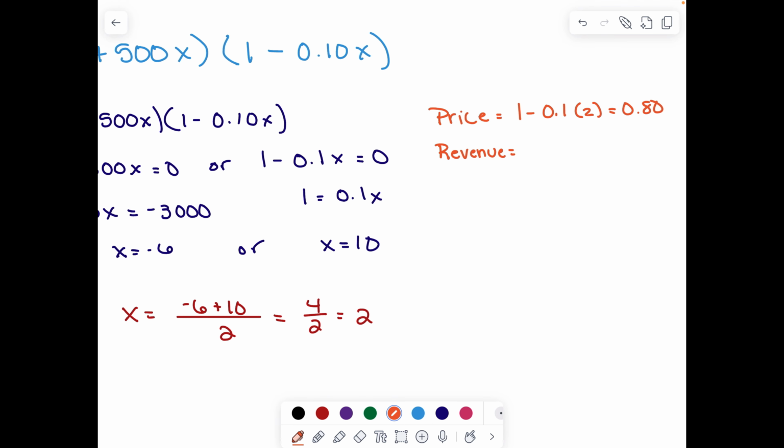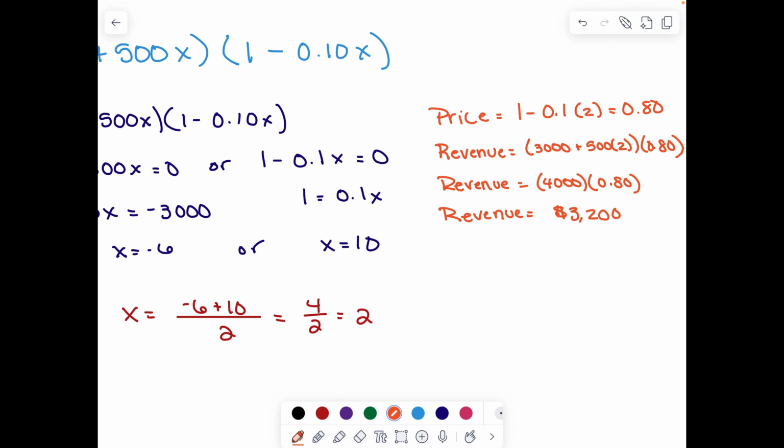So our revenue is equal to 3,000 plus 500 times 2 times 80 cents. So 3,000 plus 1,000 gives us 4,000 times 80 cents. So our revenue per hour will be $3,200.